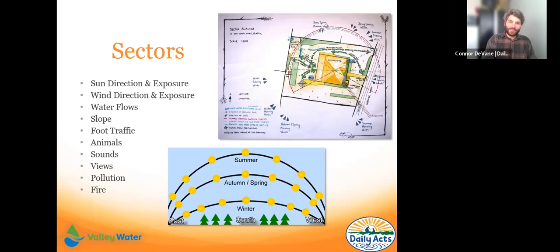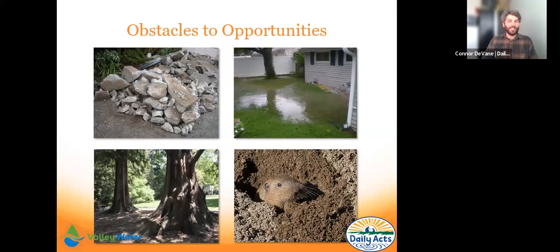As you're taking stock of the conditions of your site, you're going to come across some things that you might see as obstacles. So in these examples, we've got what could be some busted up concrete, large rocks on the top right. You've got flooding, maybe the landscape is spoon-shaped. Maybe you have big redwood trees or oaks that cast a lot of shade.